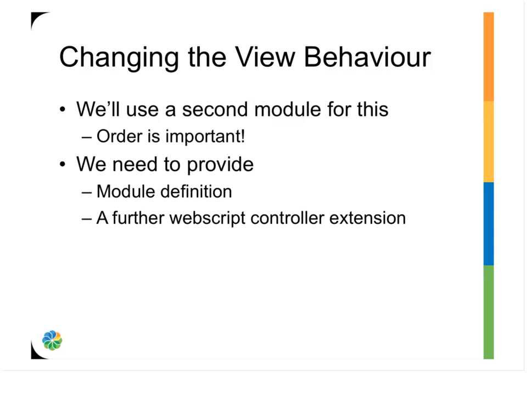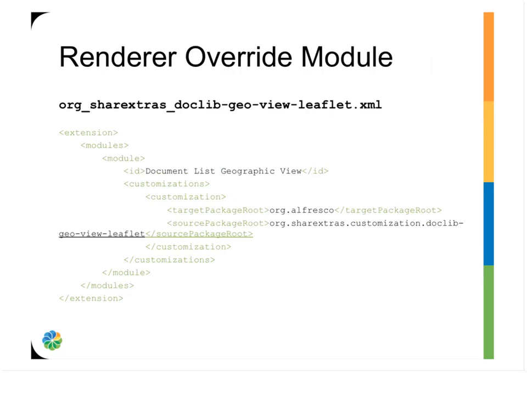I've not got as many files as I'm providing here, so this should be a bit quicker to go through. Again, I've got a module definition, and then I've got some additional server-side JavaScript that I'm extending the document list components with. That's the XML definition for the module.